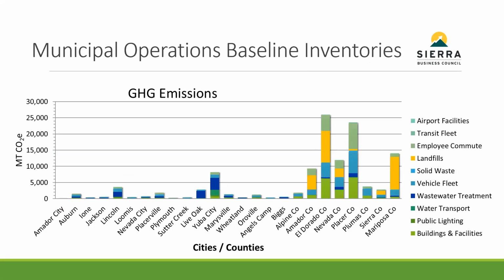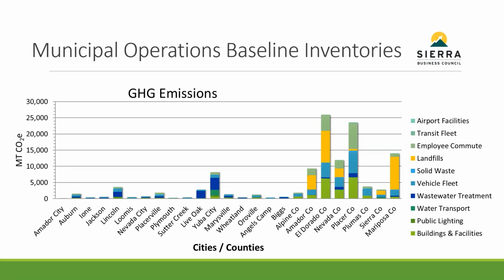This is for the baseline municipal operations inventories. It includes 17 cities in 8 counties. The cities are on the left, counties on the right. You can see that the range of total emissions is smaller for cities generally, and larger for counties that have greater populations and greater land areas. The bars are different sectors.